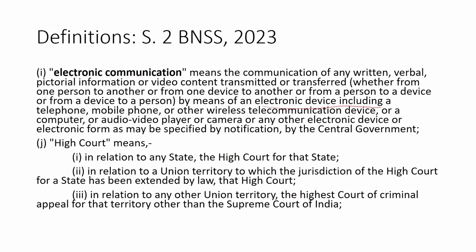So, by telephone, mobile phone or other wireless telecommunication device, or a computer or audio video player or camera or any other electronic device or electronic form as may be specified by notification by the central government. Next definition is of High Court, which means, in relation to any state, the High Court for that state.